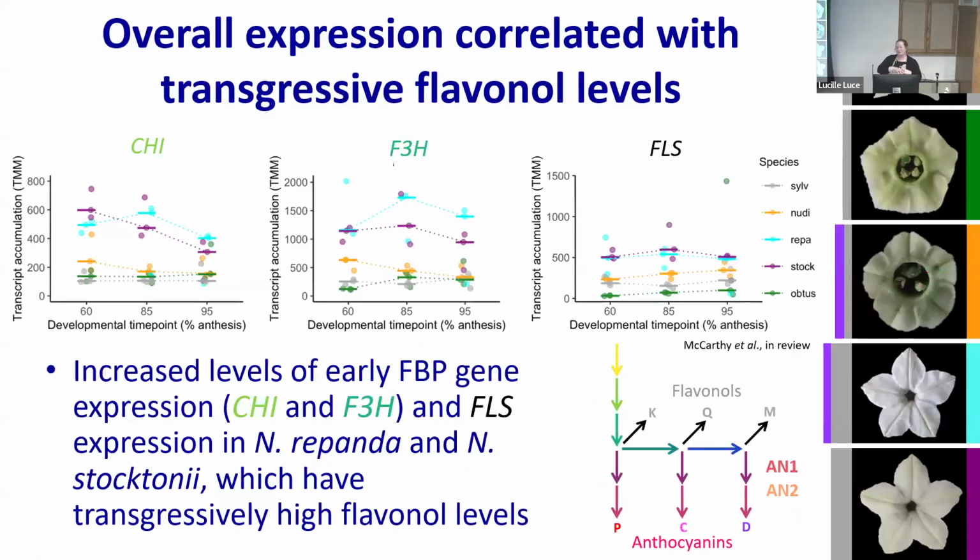Okay. If we look at our overall expression of our flavonoid biosynthetic pathway genes in our polyploids, we see good correlation. So our transgressive flavonols, we have those two that have higher flavonols, they have higher expression of FLS, which is towards making anthocyanins, and two of these genes that are early on in the pathway, which are going to give more flux through the pathway overall, so they're increasing the amount of pigments that are produced.